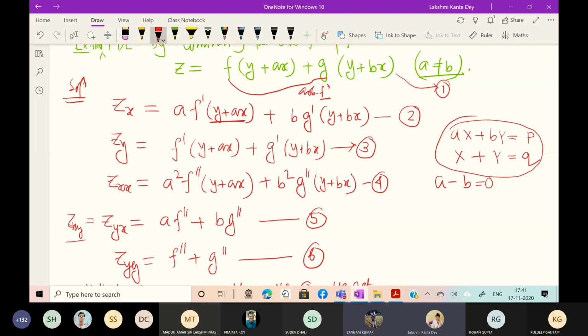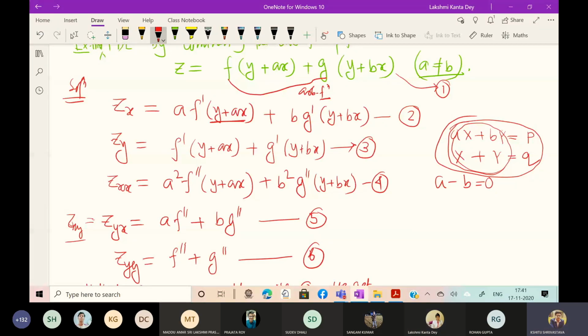In order to have a unique solution, this determinant has to be non-zero, is it not? If it is zero, then it will be dependent. What about Zx and Zy?